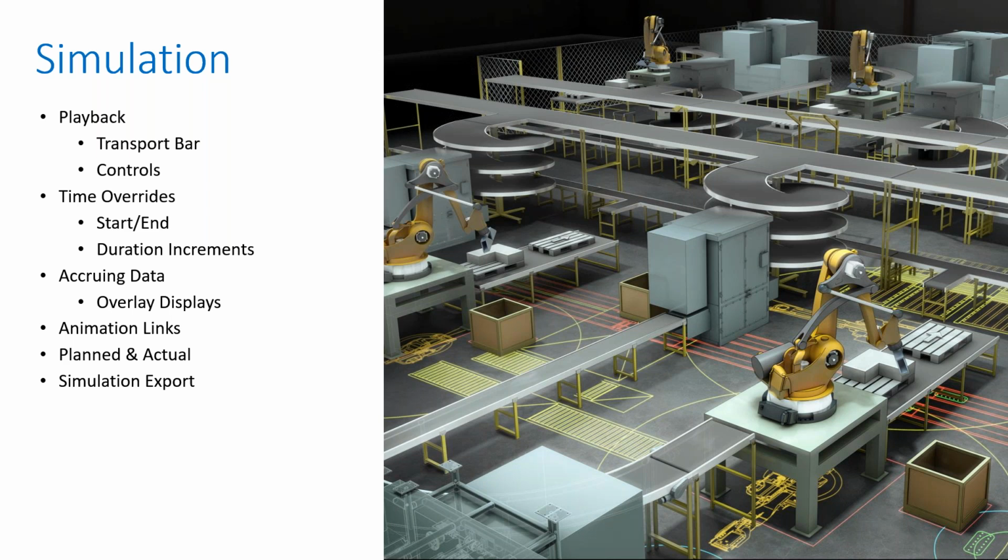We will then link our Timeliner simulation to an animation, which we also created in Navisworks, for better viewpoints and better presentation. And then we will look at all the types of simulations that Timeliner can show, whether it's planned or actual, etc. And then we'll also do a simulation export, which allows us to output the simulation into different formats such as AVI for sending to other stakeholders.